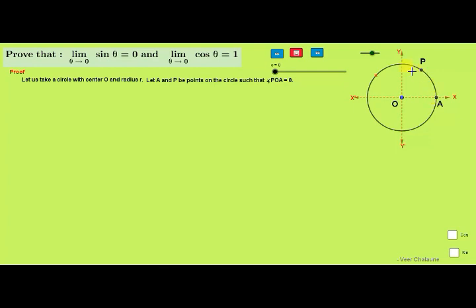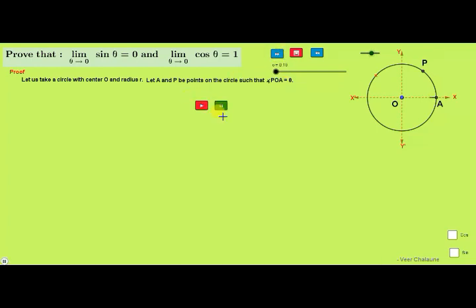This is A and this is P, and if we join OA and OP, this gives us one angle, that we call theta.